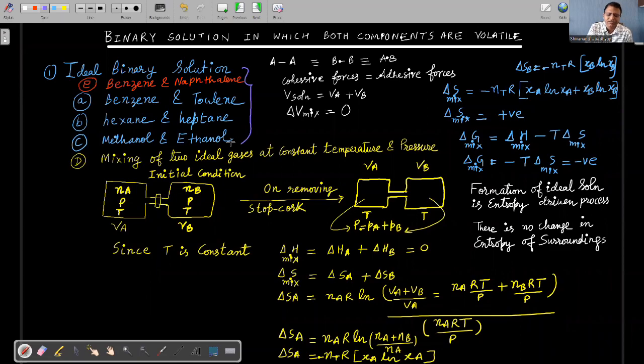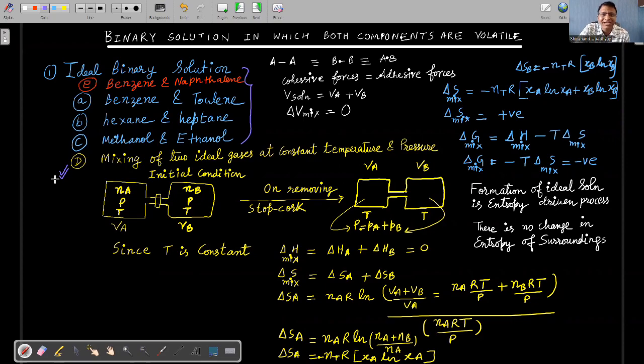So one question is, which of the following is ideal solution? So there are same type of compounds, when mixed they will form ideal solution. Now D option is important for us because we know what is the definition of solution. Definition of solution means it is a homogeneous mixture of two or more than two components in a single phase.